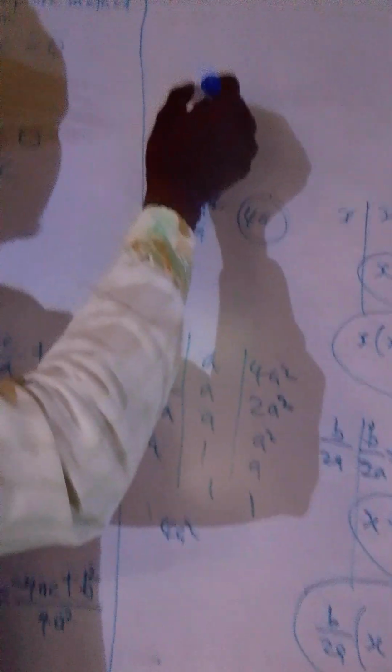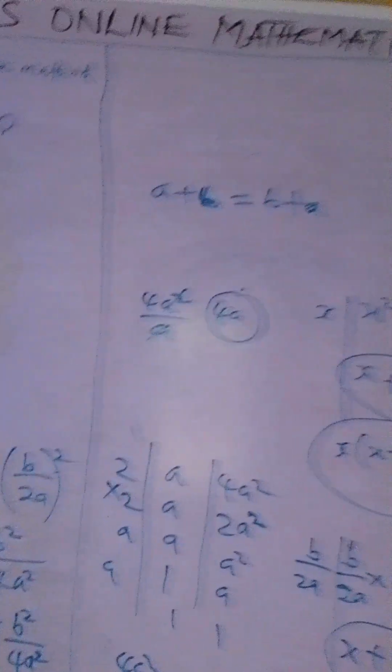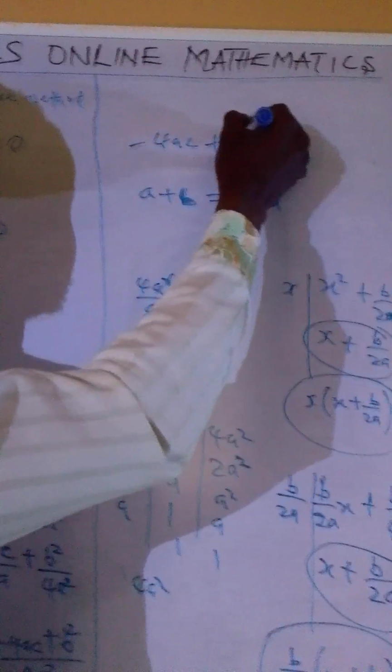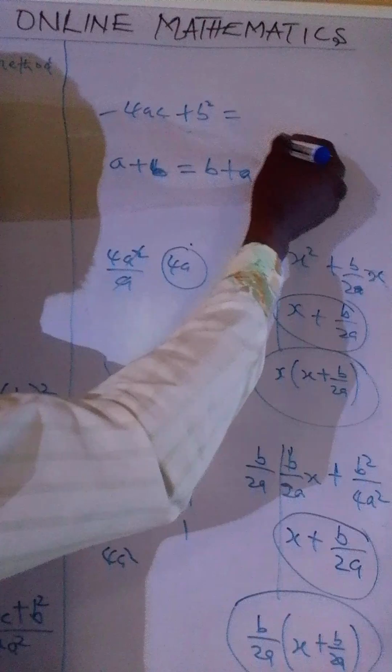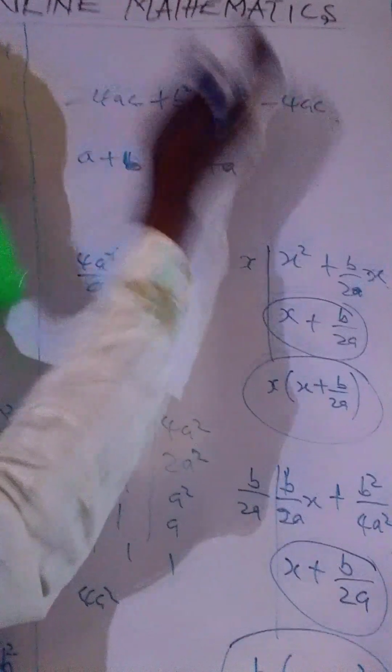according to the commutative property in mathematics, a plus b is the same thing as b plus a. So that means what I have here, minus 4ac plus b squared, can also be written as b squared minus 4ac, just swapping it.